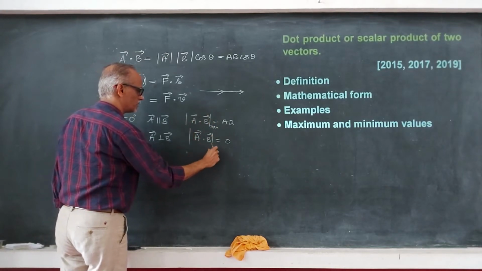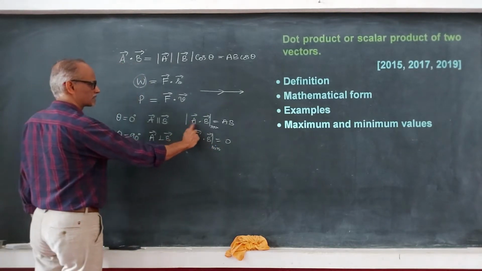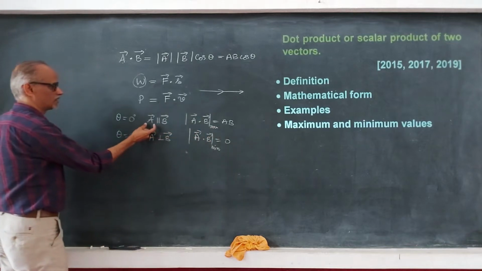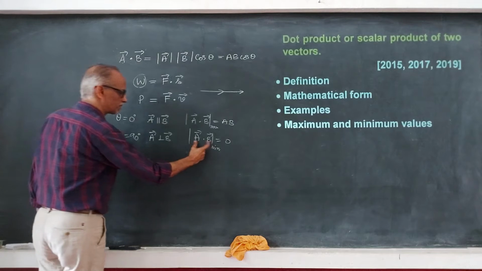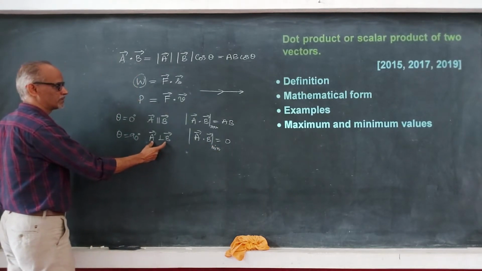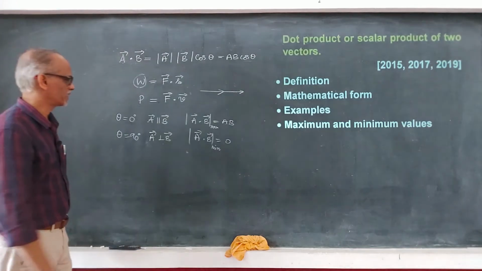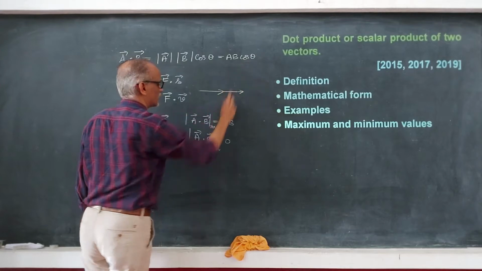This is the minimum value. Therefore, the dot product of two vectors is maximum when the two vectors are parallel to each other. The dot product of the two vectors is minimum when the two vectors are perpendicular to each other. So this is based on the cos value, cos 0, cos 90.